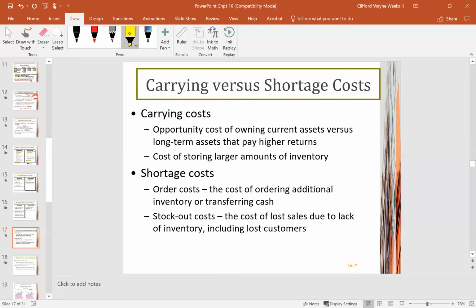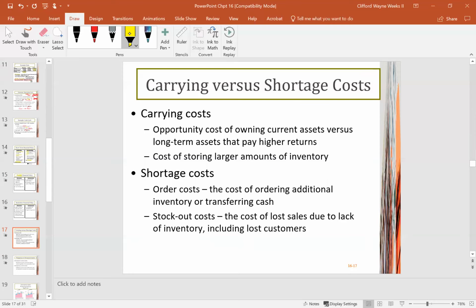So in the previous example, strengths and weaknesses, we identified carrying costs. Well, what is a carrying cost? It's the opportunity cost of owning current assets versus long-term assets that pay higher returns. Because if you remember, with our weighted average cost of capital, we're financing using equity, common stock, preferred stock, and debt.